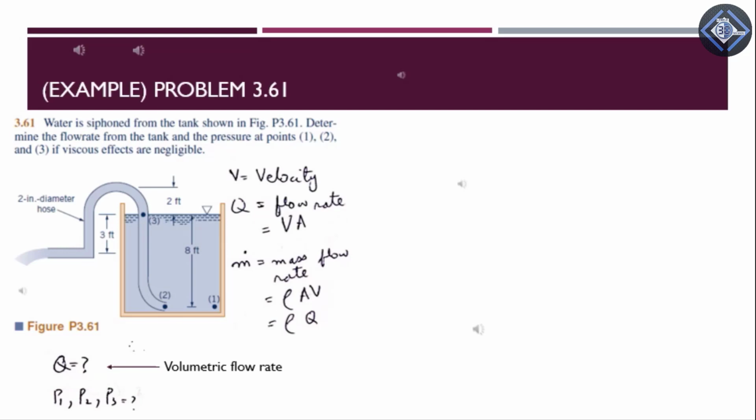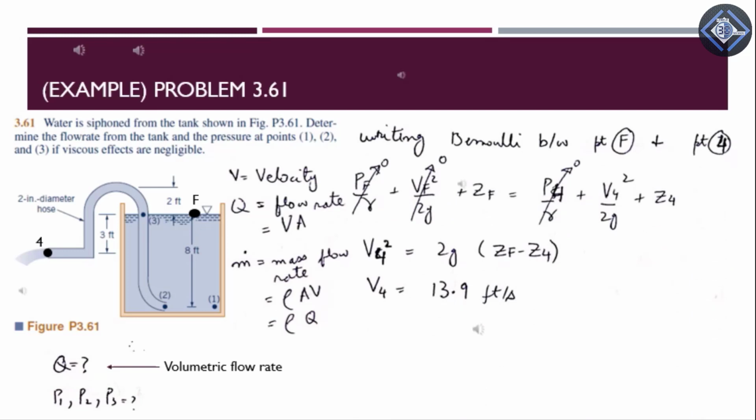So what we do instead is we choose two new points as they are shown in the figure now. They are labeled as point F and point 4. Point F is at the free surface of the tank, and point 4 is at the exit of the pipe. Both the points will have the same pressure because both are exposed to the atmosphere.